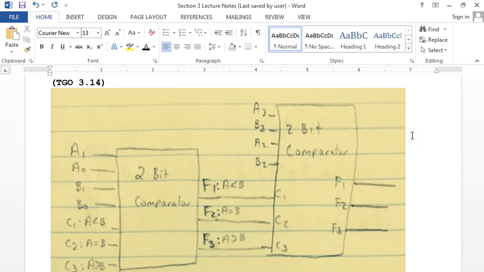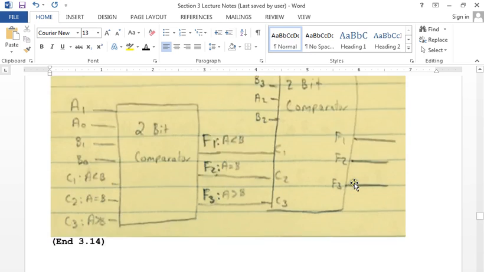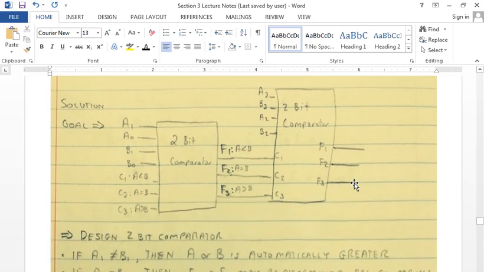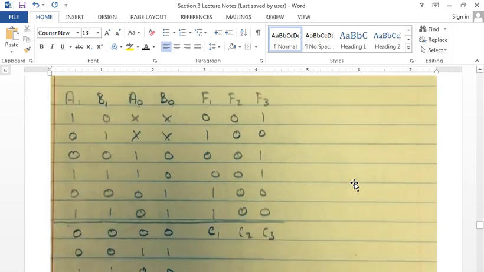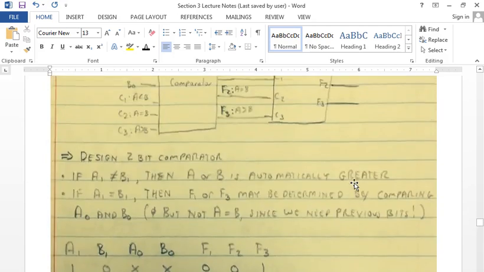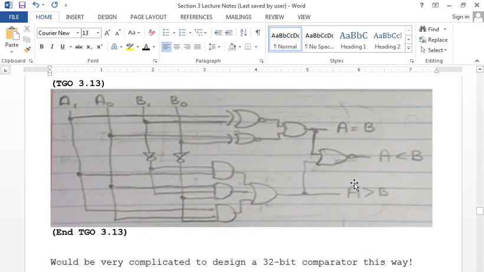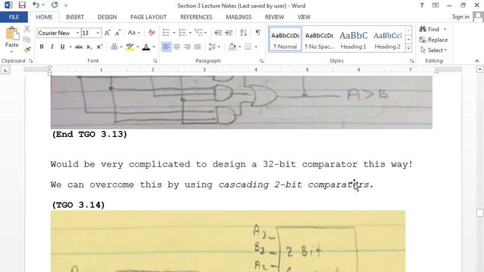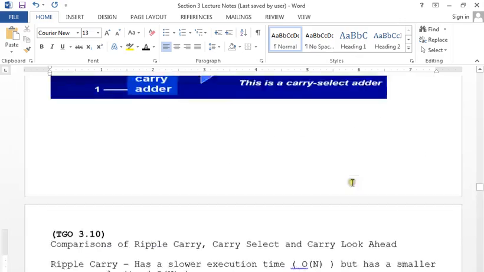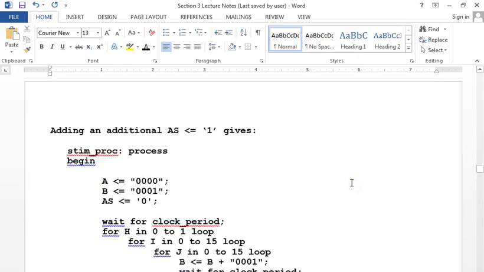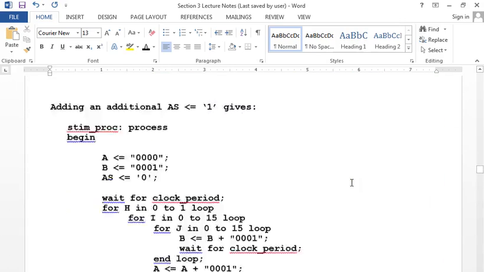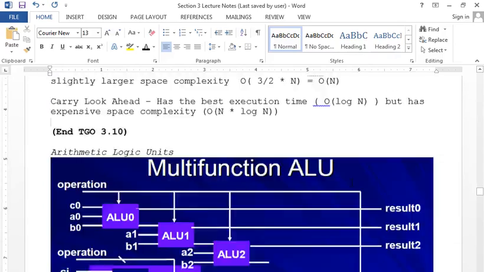We are almost at the end of class. The homework is going to be 3.7 through 3.14, and example 3.1. That is due next Thursday.